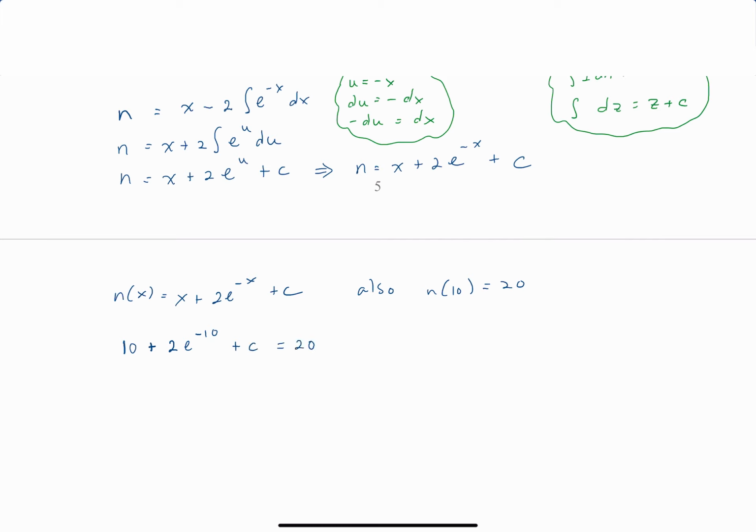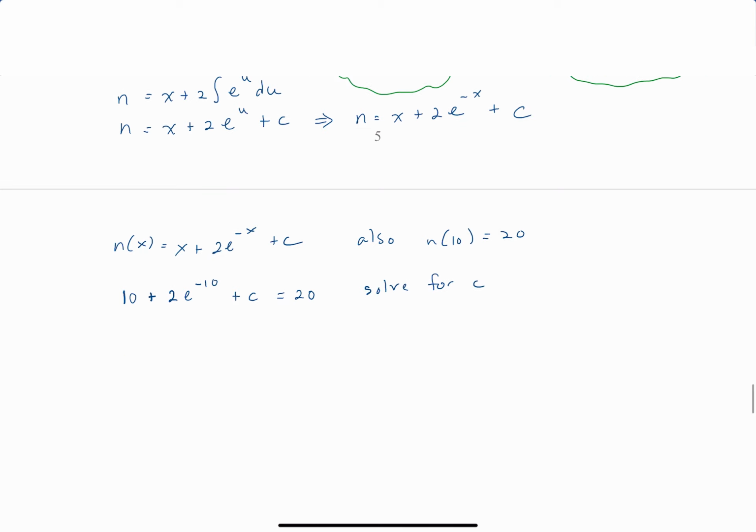Solving that for c, we have c equals 20 minus 10 minus 2 e to the minus 10, which is 10 minus 2 e to the minus 10. So the particular function that we want is n of x equals x plus 2 e to the minus x plus c, but we now know that c has to be 10 minus 2 e to the minus 10.